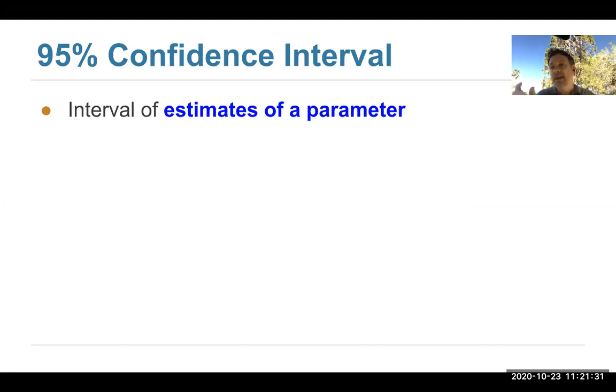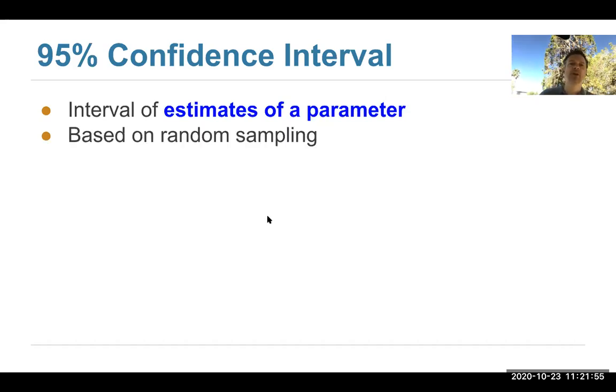It'd be like 18.9 to 19.1. That's an interval of estimates. It'd be like saying all of those values are plausible values for the parameter. I don't know whether it's exactly 19, but I think there's a good chance it's within the 18.9 to 19.1 range, roughly speaking. Okay, that's what a confidence interval is.